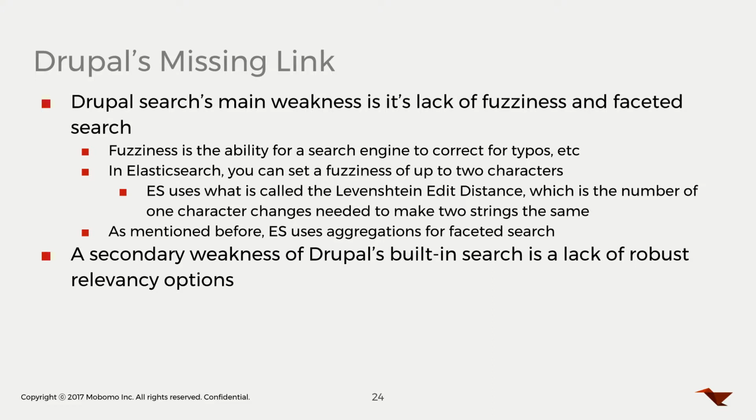That gives you the ability, if typos are made, so if 2 letters are wrong in a search query, it'll still get it right, which is super nice. And then also with facets, Elasticsearch, as I've mentioned already, has a lot of ability to do that. And Drupal's built-in search also doesn't really have any relevance scoring that's that good. Elasticsearch allows you to do a lot of that.